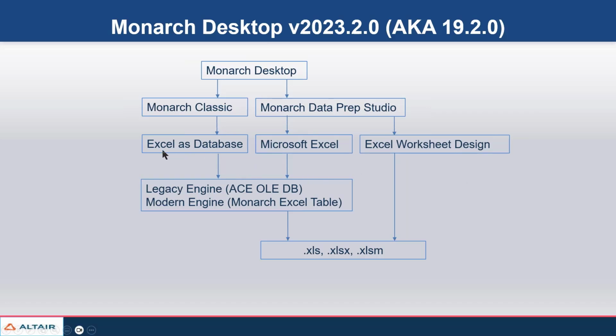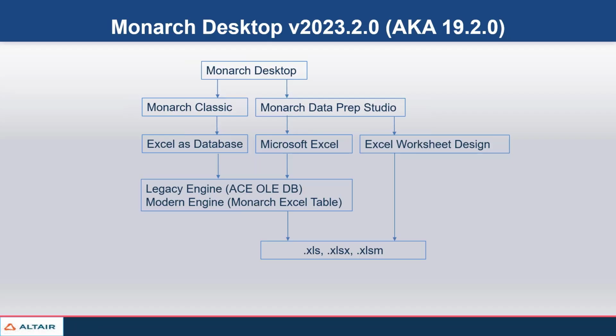If you are working with Excel as a database, or Microsoft Excel in Data Prep Studio, when Monarch reads these Excel files, it uses one of two engines: the legacy engine or the Mother engine. This is only important if you are working with Monarch Server Automator.